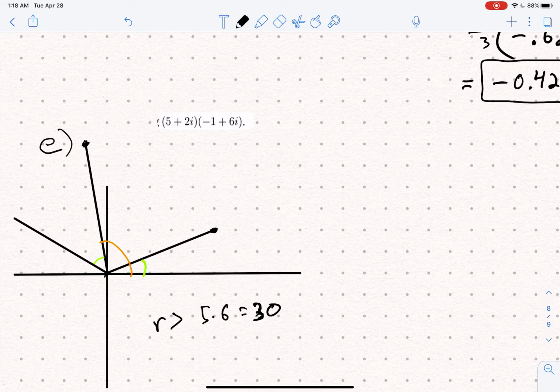So this angle I'm drawing now is the first angle plus the second angle. Here's the second angle, and then added onto it is the first angle, and so the whole thing is the first angle plus the second angle. And what I can tell you is this is the direction that this thing goes. In particular, it's going to be in the second quadrant.